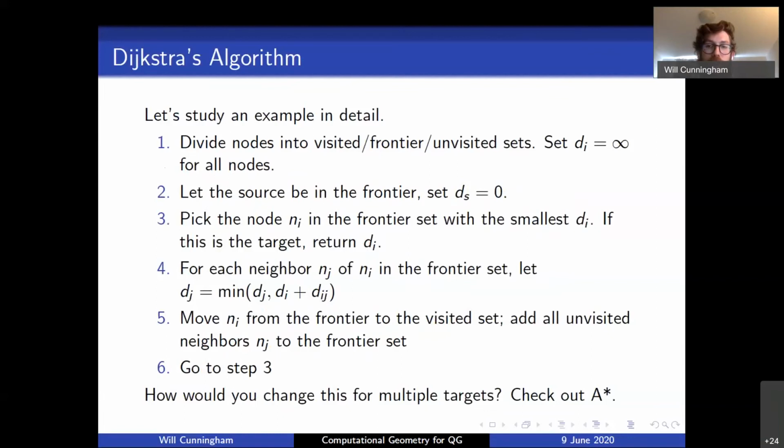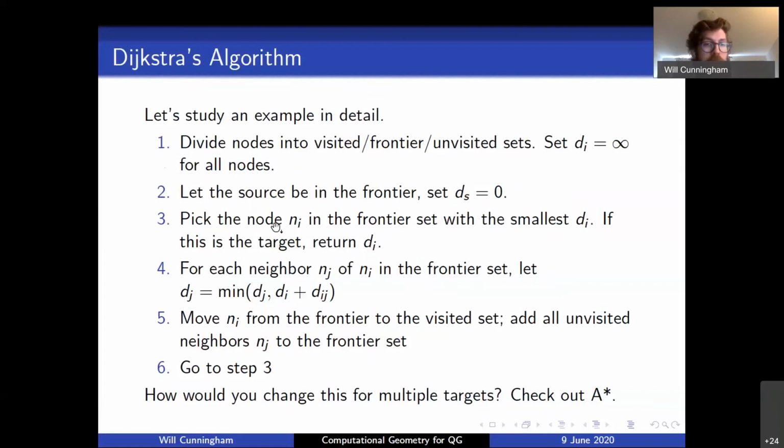First of all, we set the distance for all nodes to infinity, and then we set the distance for our source node equal to 0. This distance vector indicates how far we are from our source, and the others are set to infinity simply because they have not been reached from the source yet.